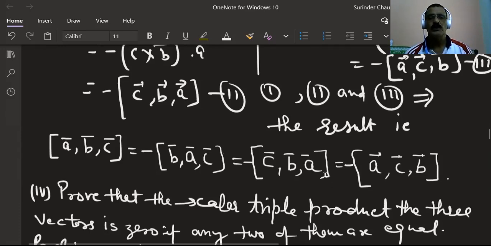This order change, this order change, this order change: the magnitude remains the same, but the sign in every case changes.